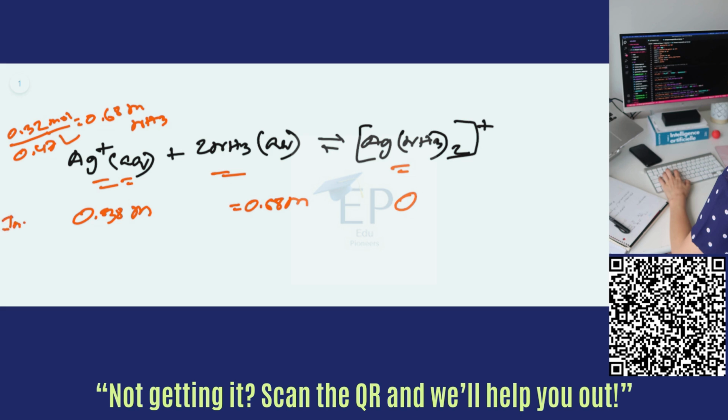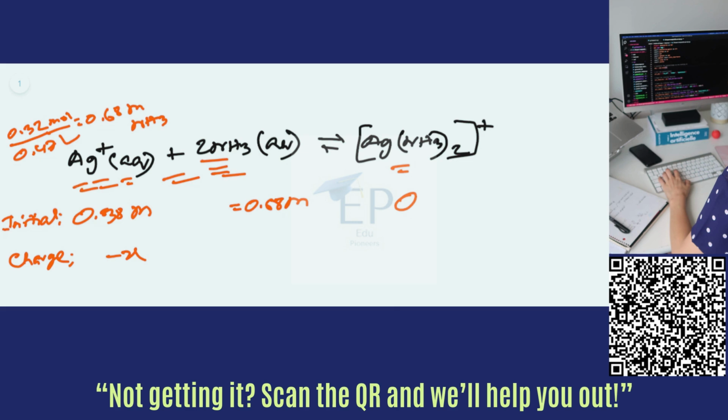So these are our initial concentrations, and then let the change be x, so x mole is decreasing from the silver ion, and from the balanced equation we can see that 2 molar ammonia reacts with 1 molar silver ion.